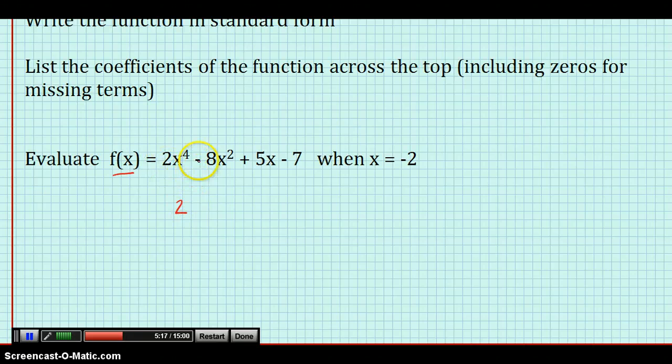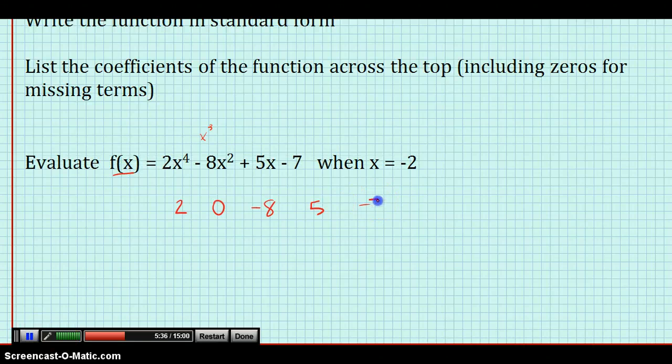The next coefficient belongs to the term x cubed, but we don't have an x cubed. So you need to write 0 for that. Any missing terms you put a 0 for. The coefficient of x squared is then -8. Then we have x, which is 5, and your constant of -7.